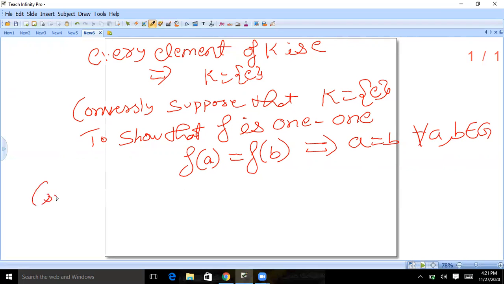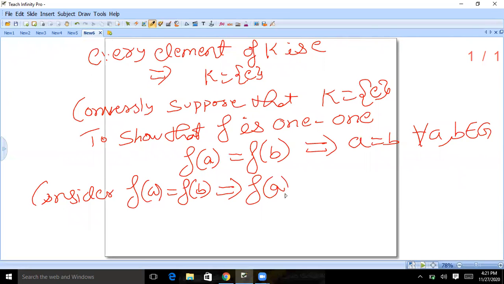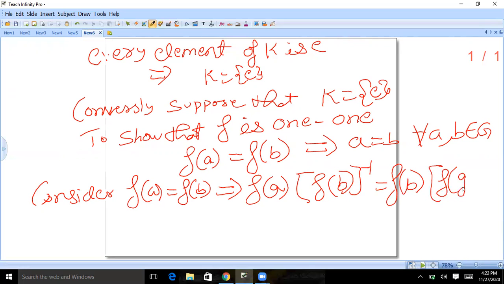Now consider f of A is equal to f of B. That implies f of A into f of B inverse, that we say f of B into f of B inverse, whole inverse.